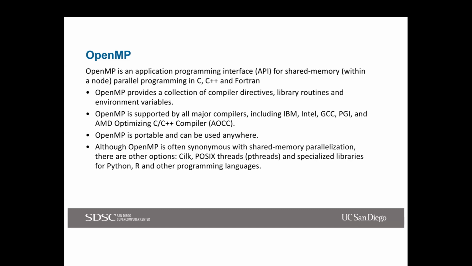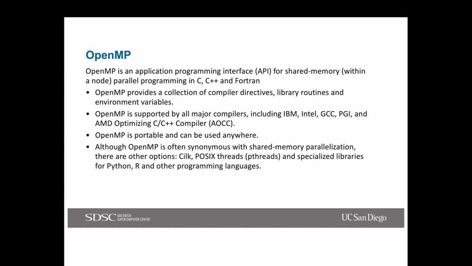So it's a little bit easier to get started with OpenMP if you are a programmer. There's a little less overhead to get started. Essentially, it's all based on adding comments to your code that tell the compiler, hey, I want you to try to parallelize this across multiple threads.